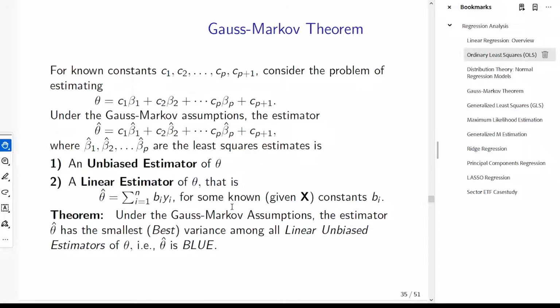And these are called best linear unbiased estimates.